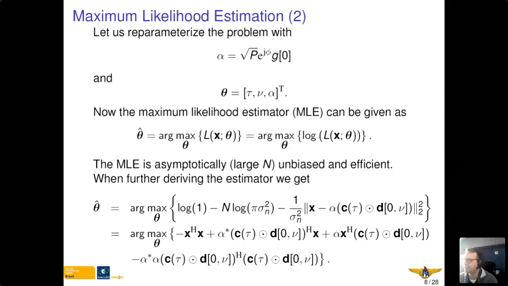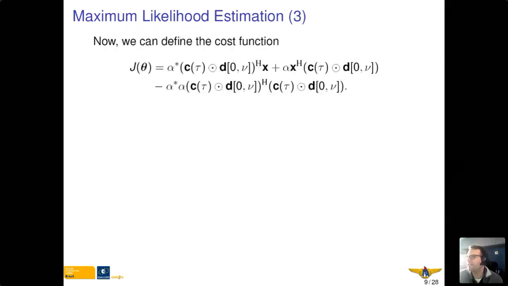We can also drop the 1 over sigma n squared because it's not dependent on the parameters that we are interested in. And we have then these 1, 2, 3, 4 terms. Again, the first term, x Hermitian x, is not dependent on the parameters, so we can further drop this also. And we can then write our final cost function with these remaining 3 terms. So this is the function that we want to maximize with respect to the parameters nu, tau, and alpha.